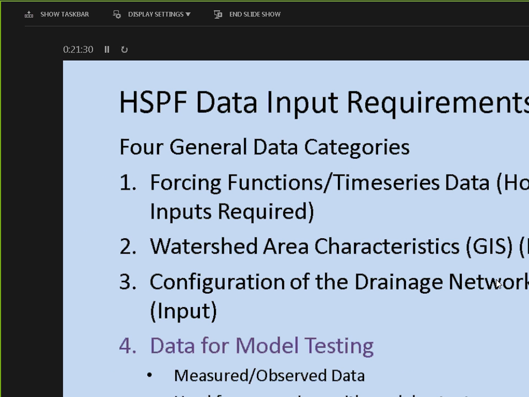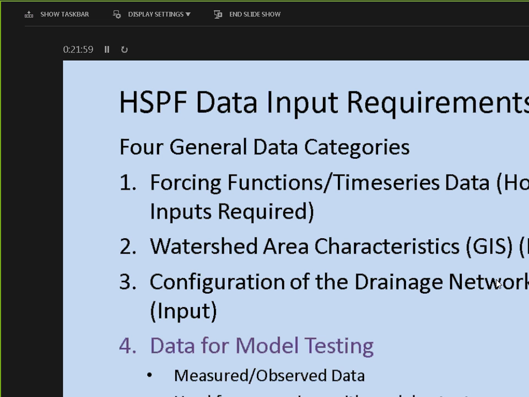In terms of HSPF data requirements, I think you can shoehorn most of them into four loose categories. There are the forcing functions, which are the time series data requirements. Since we're running at an hourly time step, for all those forcing functions we need a value for every hour.